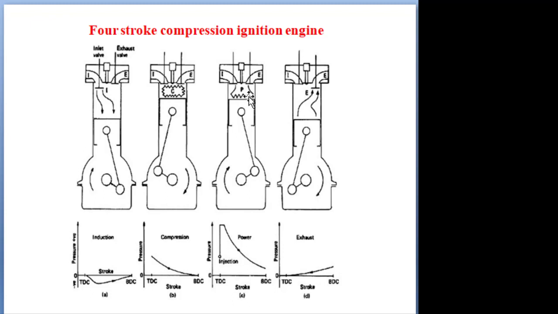Fuel is supplied inside the cylinder, then the fuel directly mixes with the air and combustion will initiate. Why? Because the fuel will absorb the heat and reach the self-ignition temperature and combustion will start. So this is called compression ignition, meaning two separately compressed fluids are mixed at the time of combustion, then combustion takes place. That's why the name is compression ignition engine.